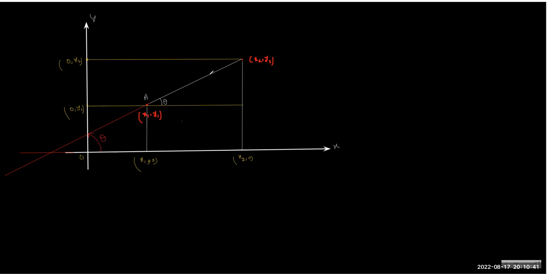And in this triangle ABC, because it's a right angle triangle, can we write tan theta? So tan theta will be BC upon AC. And what is BC? It is clearly y2 minus y1. What is AC, guys?